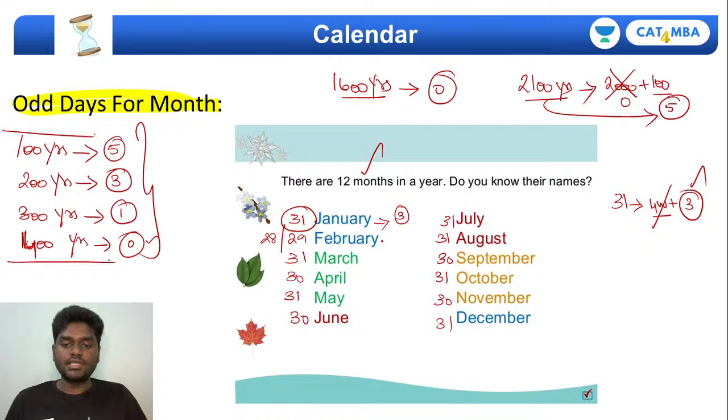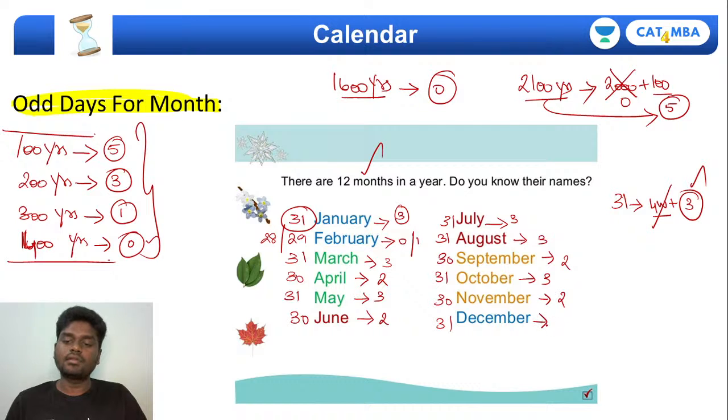And February, you see, 28 means 0 odd days for a normal year and 1 odd day for a leap year. And 31 again 3. 30 will be 2 odd days, right? And then 31 again 3. 30 will be again 2. In the same way, you'll be having 3, 3, 2, 3, 2, and that's it.